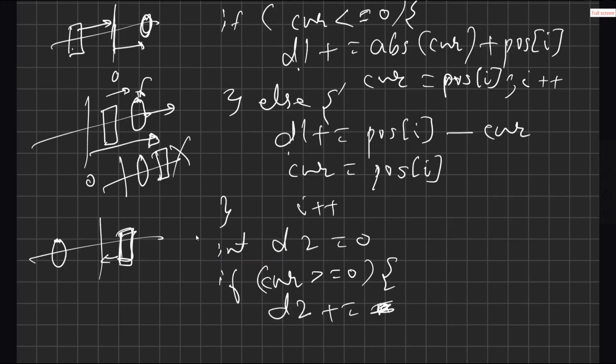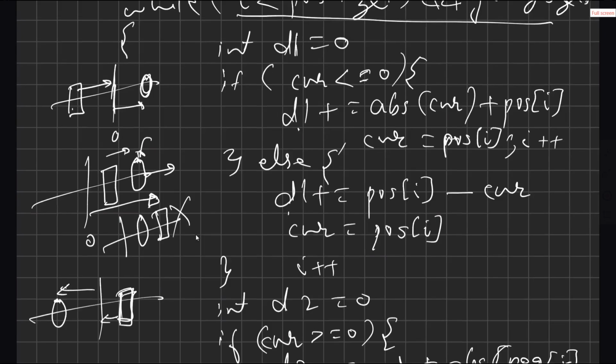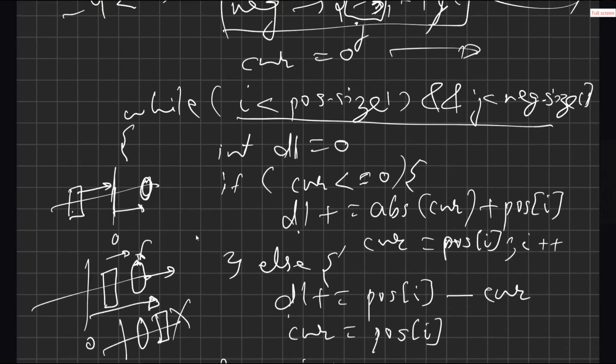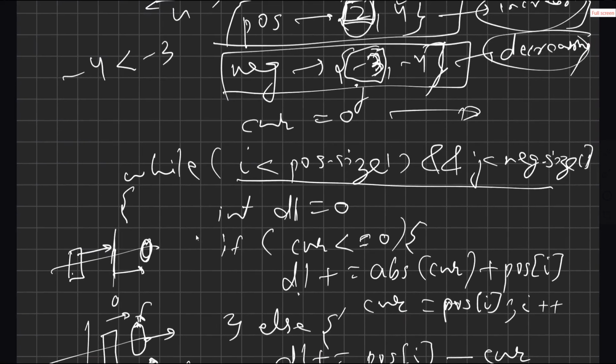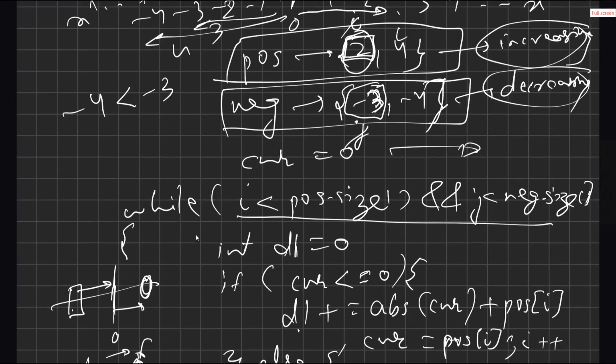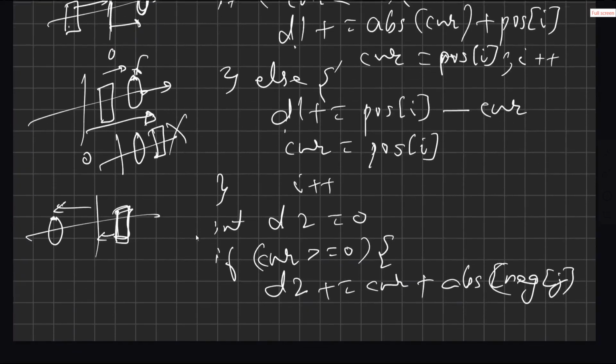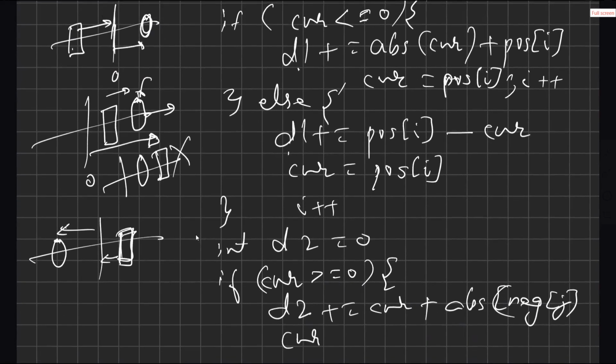So it will be current plus the absolute of negative of j, because when we are calculating the negative coordinates' cookie, it will be j indexing. So negative of j, and then your current will be negative of j, and then you have to increase j.